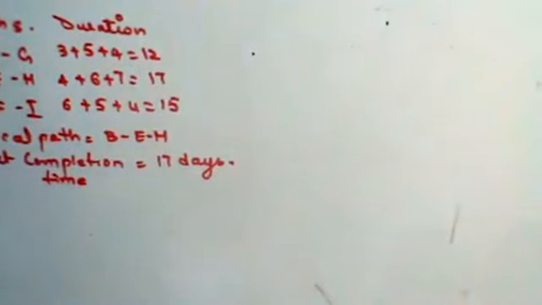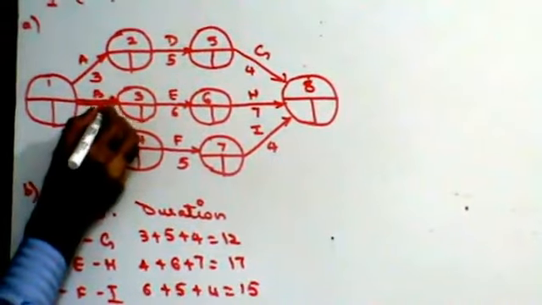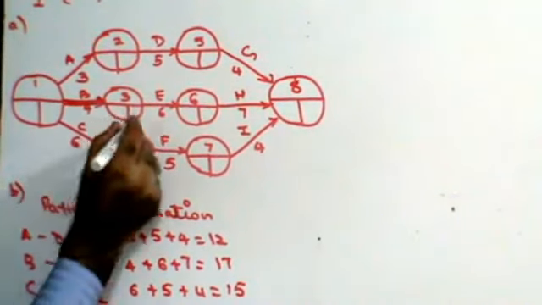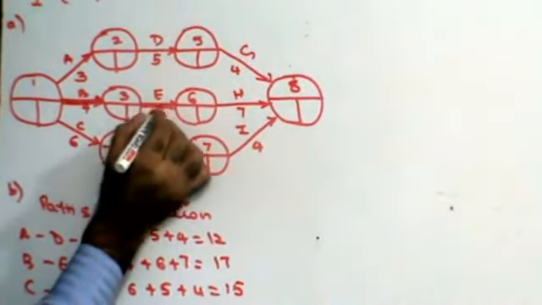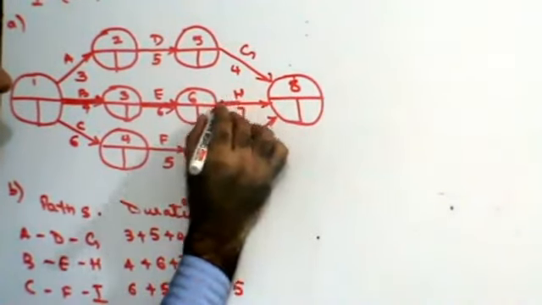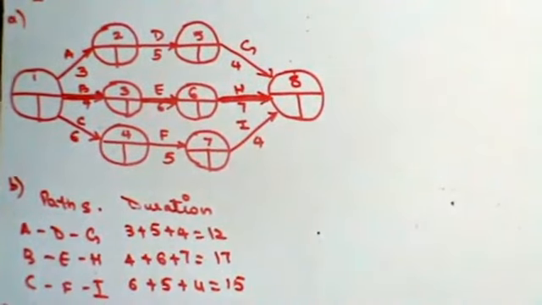Now let's first mark the critical path out. I told you that you mark the critical path with a double line. So I'm going to mark this with a double line. This is my critical path. My critical path is BEH, right?